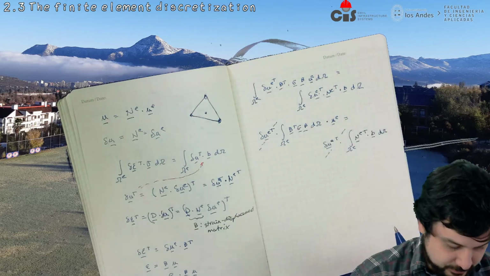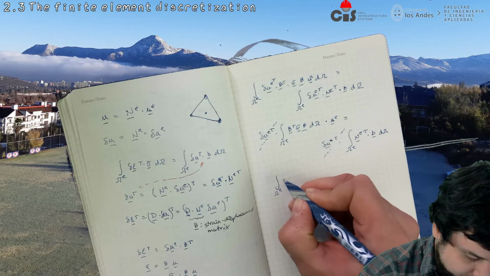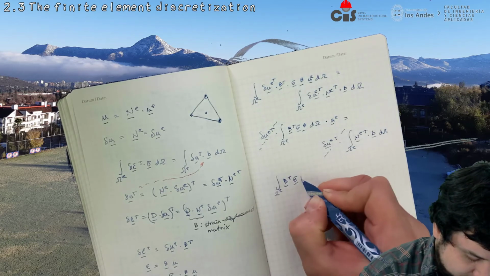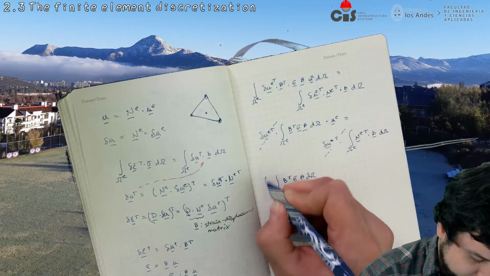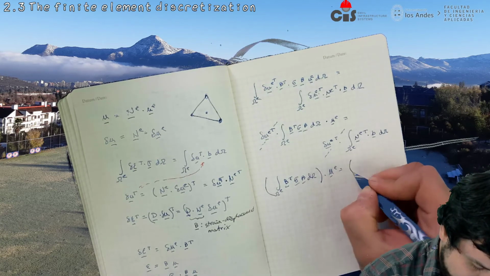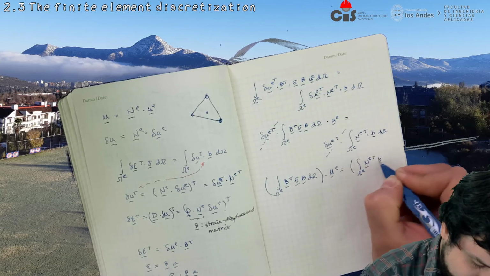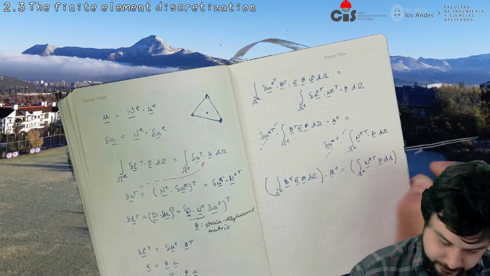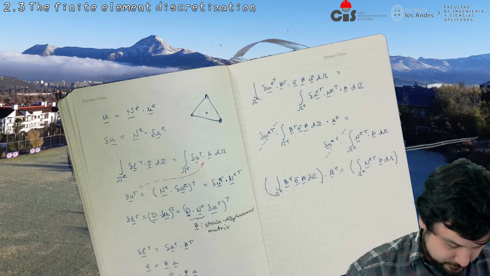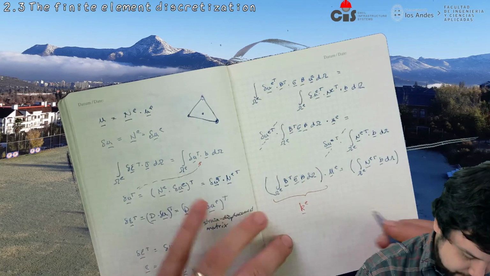that you can remove. So you get integral over omega E of B transpose E B d omega, multiplying UE, has to be equal to integral over omega E of NE transpose B d omega. And we call this over here the element stiffness matrix.